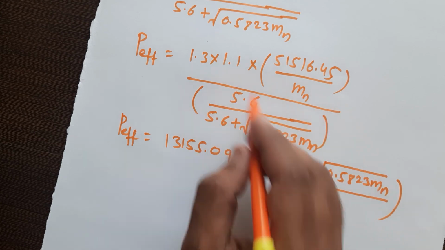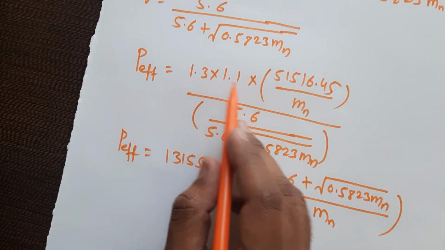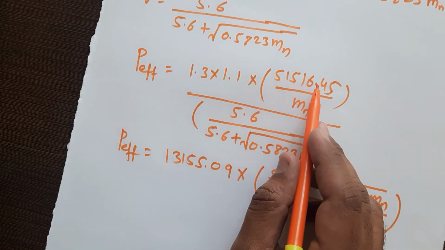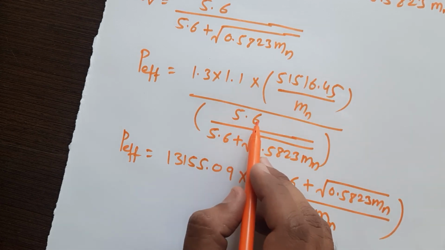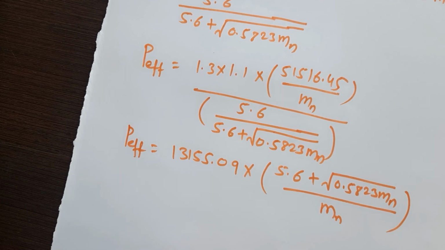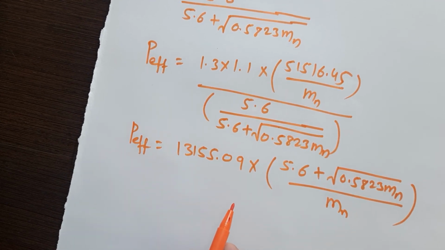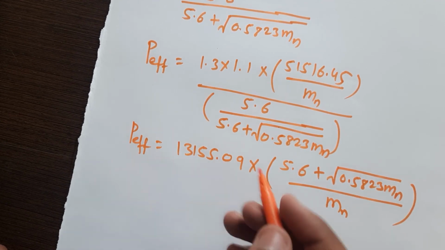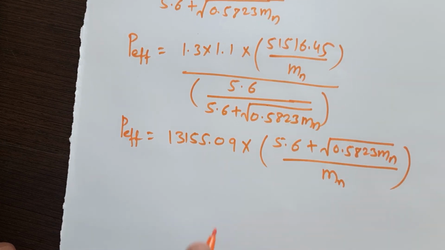Remaining all terms we just have calculated: 1.3 into 1.1 into 51516.45 divided by this. So this complete product will be this. So this is P effective. Then after this you have to equate this P effective, multiplied by factor of safety, with SB.